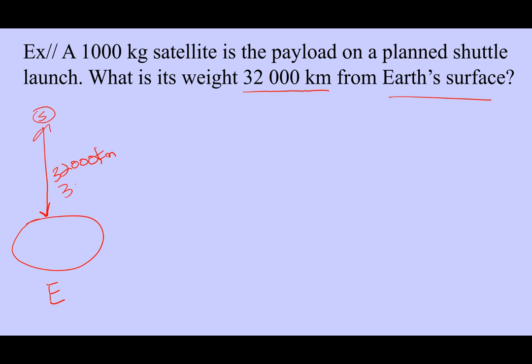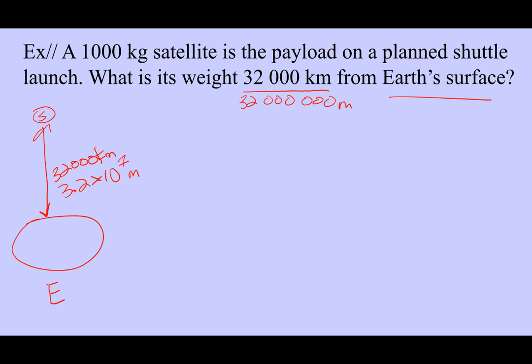Now that's 3.2 times 10 to the, it's not 32,000, it's 32 million meters. So it's going to be times 10 to the 7 meters from the surface of the Earth. I was just trying to get it into scientific notation. Let me just make sure I did that right. 32,000,000 meters. Yep, I think that's right. Yeah, times 10 to the 7.